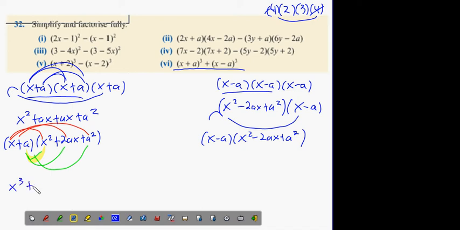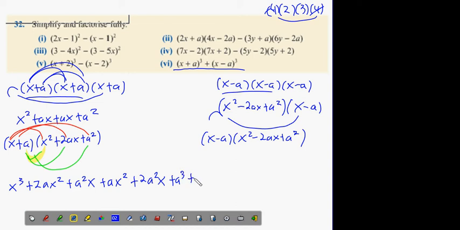Plus, anybody? 2ax squared plus a squared x. Can you see that? Plus green one is ax squared. A by 2a, 2a squared x. And finally a by a squared, a cubed.